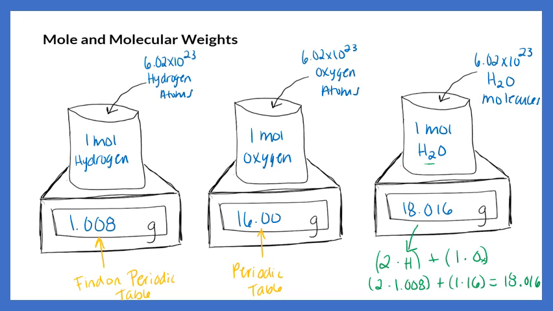Okay, so this is how you calculate molecular weights. You take the mass of the element times how many there are, plus the mass of the next element times how many there are, plus the mass of the next element times how many there are. Okay? All right. Let's keep moving on.